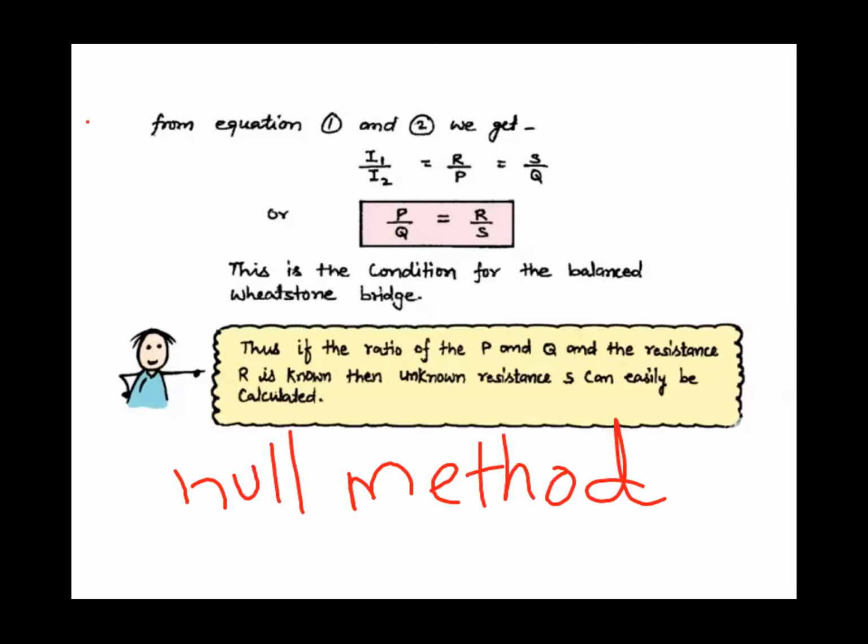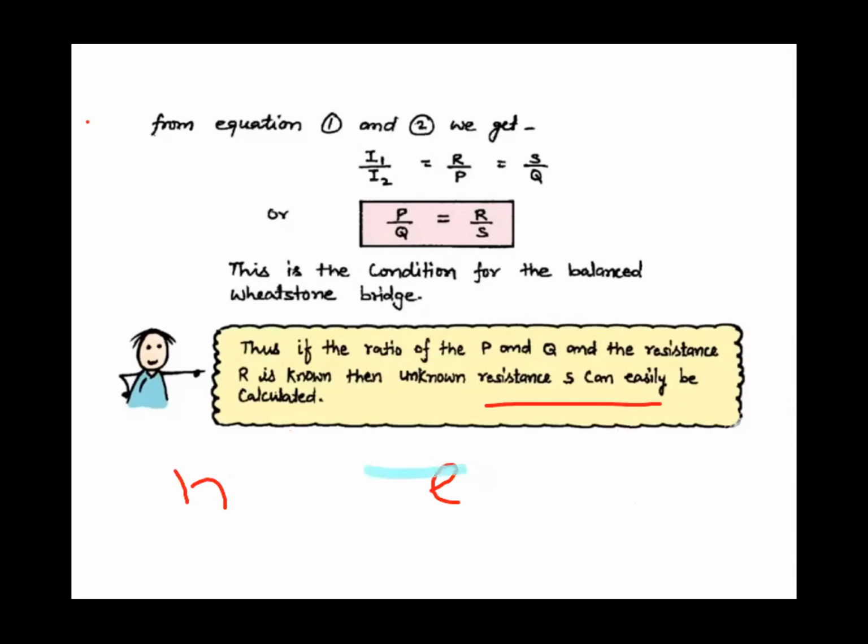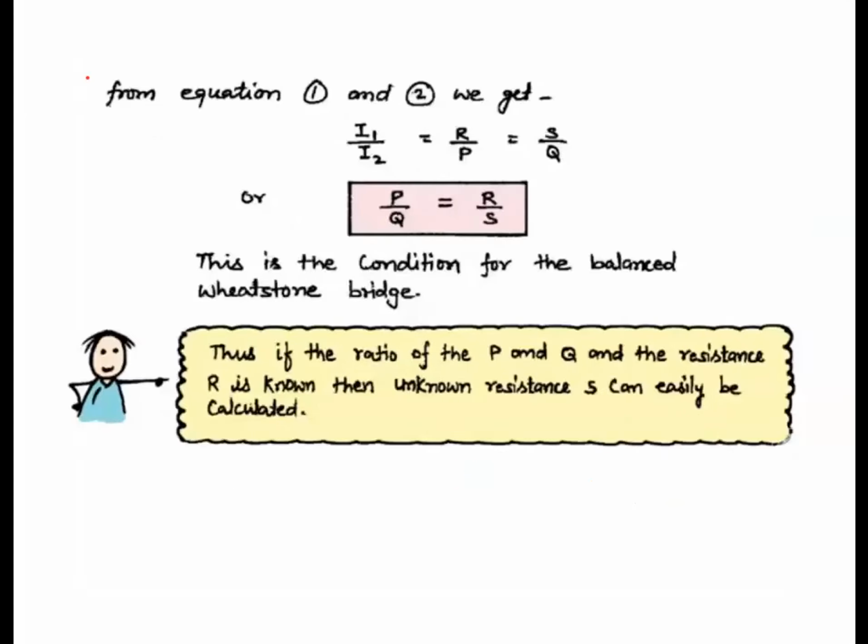Next, the unknown resistance that you're going to measure can be measured to a very high degree of accuracy, but obviously, right, because it works on the null deflection method. Right, children? So this was your Wheatstone bridge.